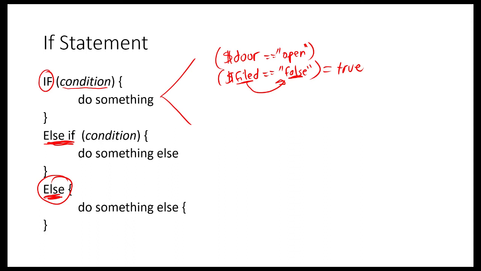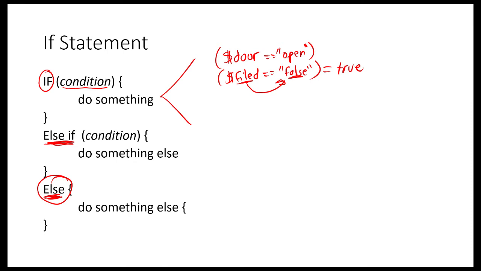So if we're making, say, an app to deal with a crying baby, we might say if the baby has a dirty diaper, then change the diaper.